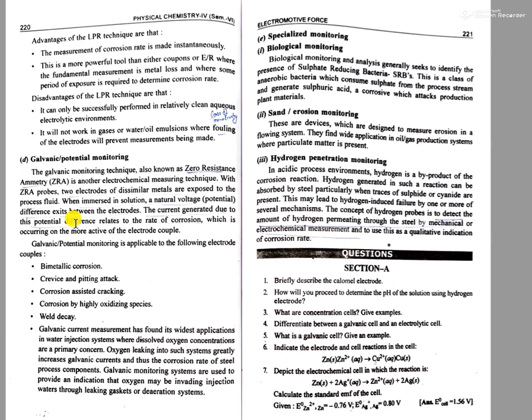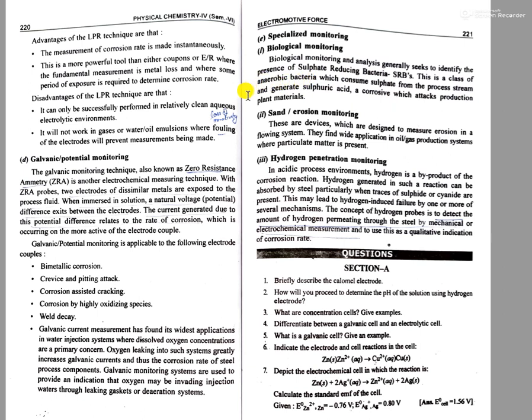There are also other techniques like specialized monitoring, biological monitoring. Biological monitoring is mostly done to identify the presence of sulfate reducing bacteria, called SRB. This is an anaerobic bacteria which consumes sulfate from the process stream and generates sulfuric acid. Sulfuric acid will easily attack the metal plant parts.